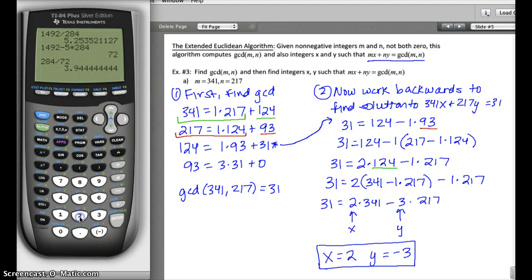If you take 2 times 341 minus 3 times 217, it should give us our GCD of 31, and it does. So you can solve the equation we started with if x is equal to 2 and y is equal to negative 3. Let's pause here. We'll start in another video with another example of this extended Euclidean algorithm.